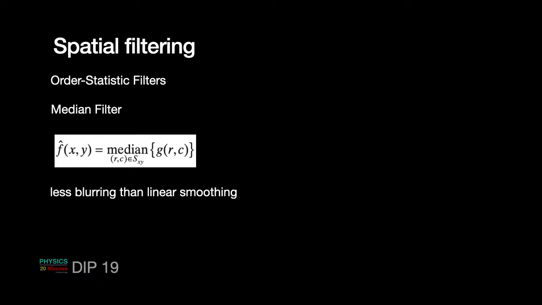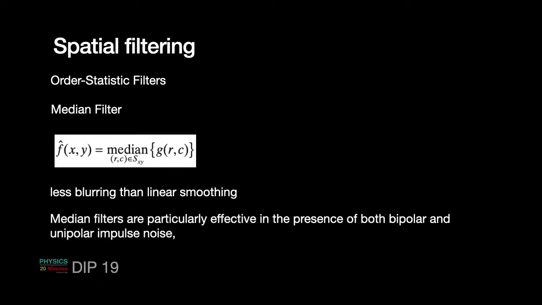So the median filter offers a middle pixel value, and therefore it eliminates both salt and pepper noise in one shot. So it's very effective in the presence of bipolar noise. Salt and pepper noise is also referred to as bipolar noise because the intensity values are at two poles, very bright and very dark.